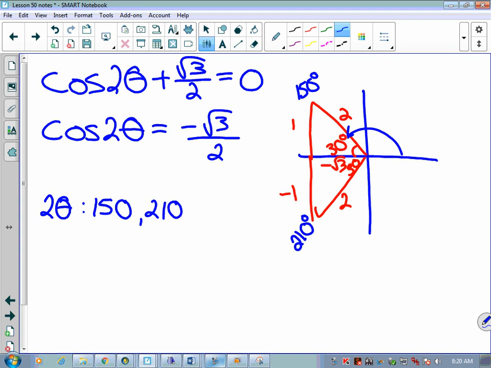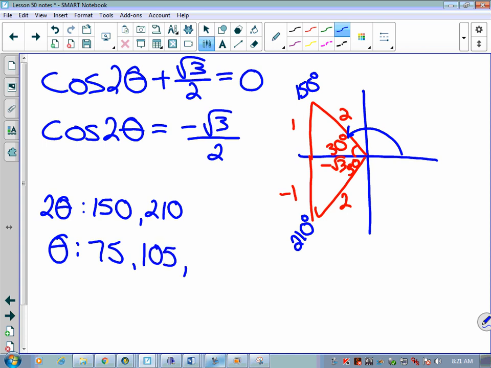Granted, we'll be able to go multiple times around, but theta is going to take those and divide them by 2. So we should get something like 75, and what else? 105.